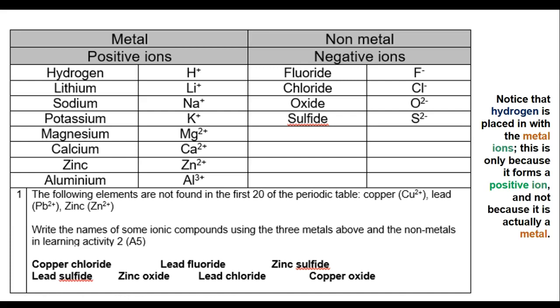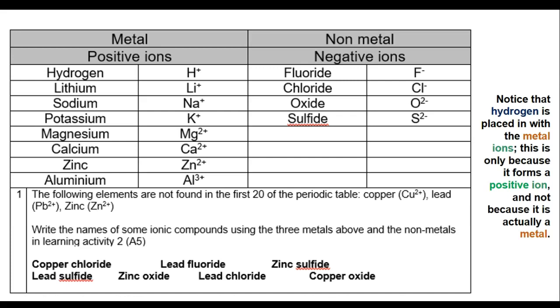I have at least used each one of the negative ions, the non-metals, at least once to give you an idea. As long as you put the metal at the start of the name of the compound, before the non-metal, then you are doing it correctly.